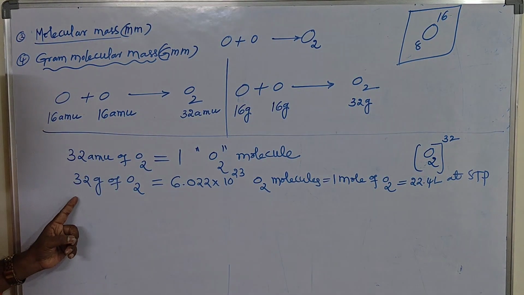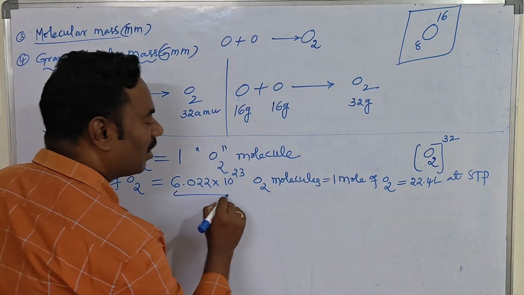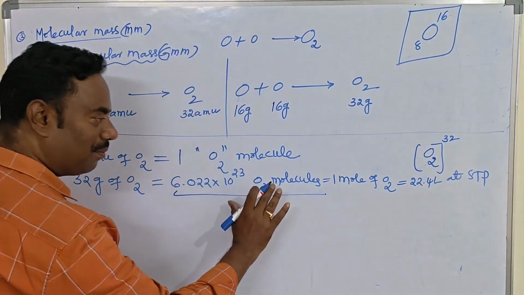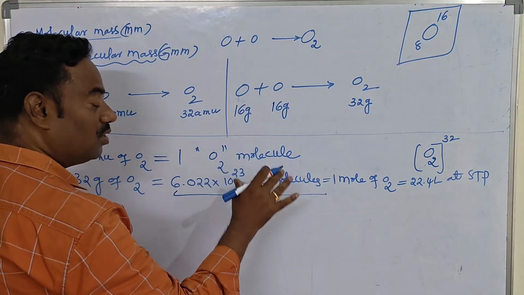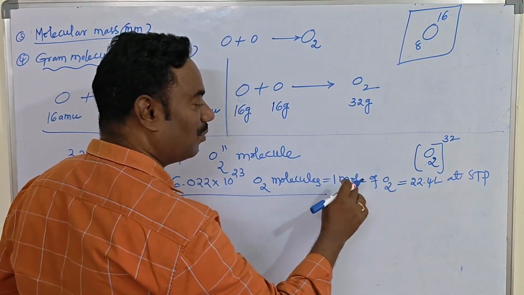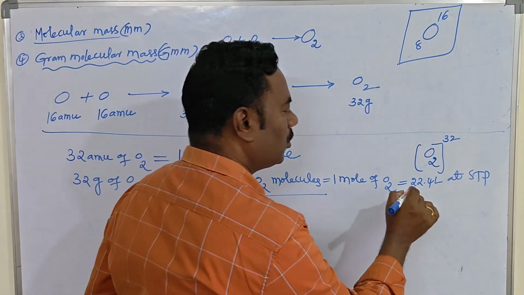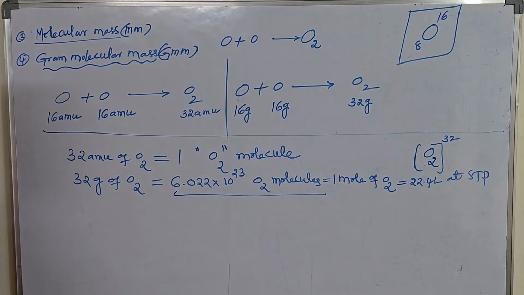If the mass is in grams, 32 grams of O2 contains Avogadro number of molecules, so that now number of moles, 1 mole of O2. 1 mole of any gas occupies 22.4 liters at STP.